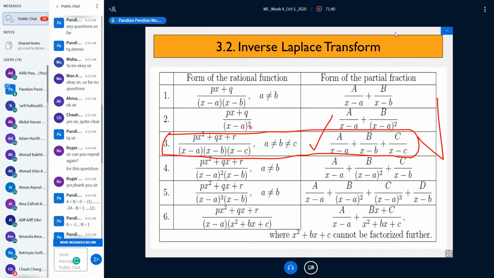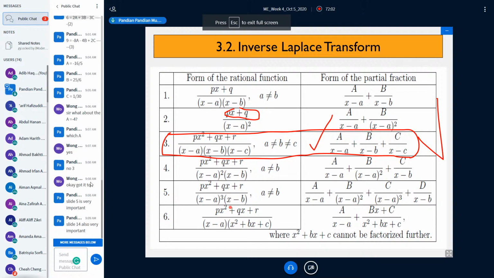So if I put 4 here, this one may be changed. That is the difference. Because px power 1, you must see the power also. You must match. This one x power 2, 1 power higher than this. Similarly for this, you see x cubed, this is x squared.